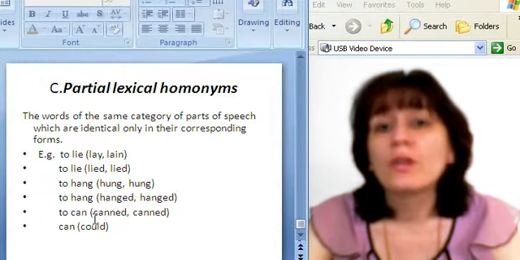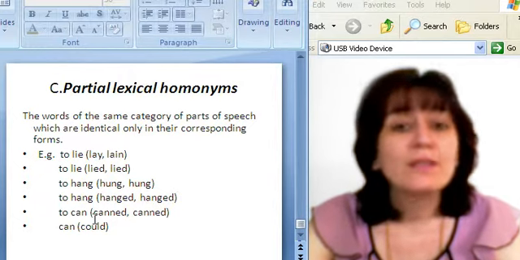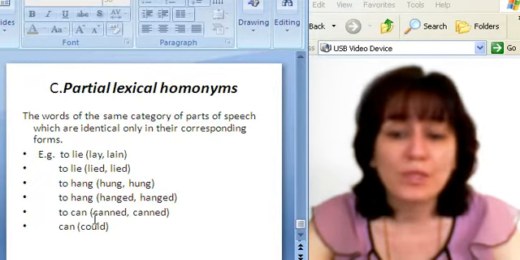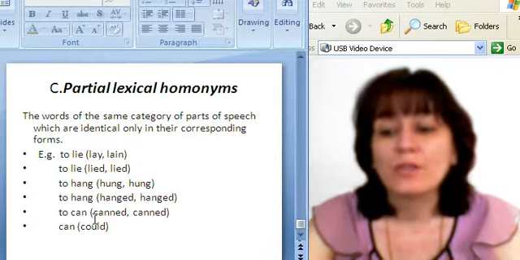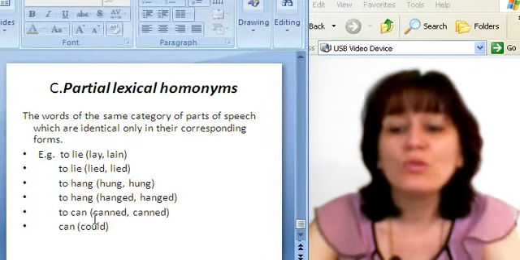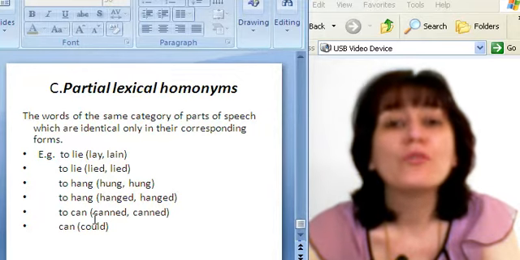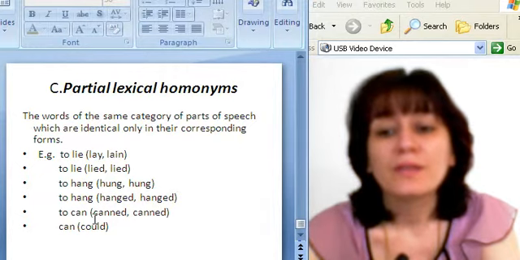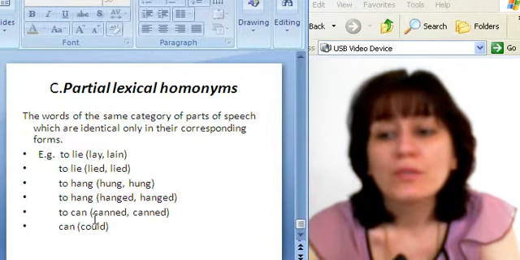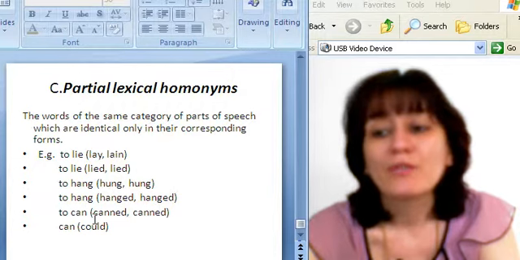So to hang and to hang. So to hang, hung, hung, means to attach something, or to be attached at the top, so that the lower part is free or loose. For example, hang your coat up on the hook. And to hang, hanged, means to kill somebody, usually as a punishment, by tying a rope around one's neck and allowing him to drop.